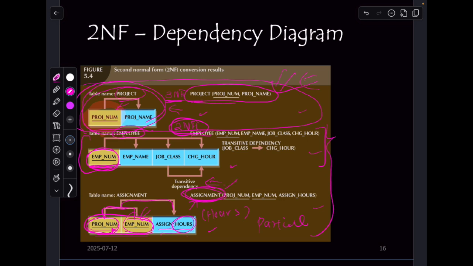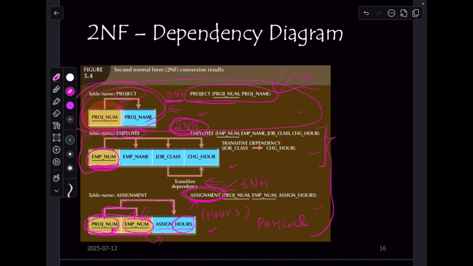And at the same time, if you try to find a transitive dependency, you cannot find any transitive dependency in this table. So there is no partial dependency, no transitive dependency, therefore it's already third normal form.